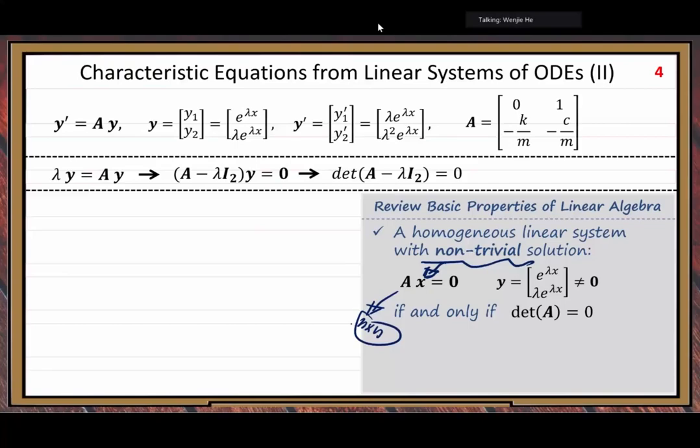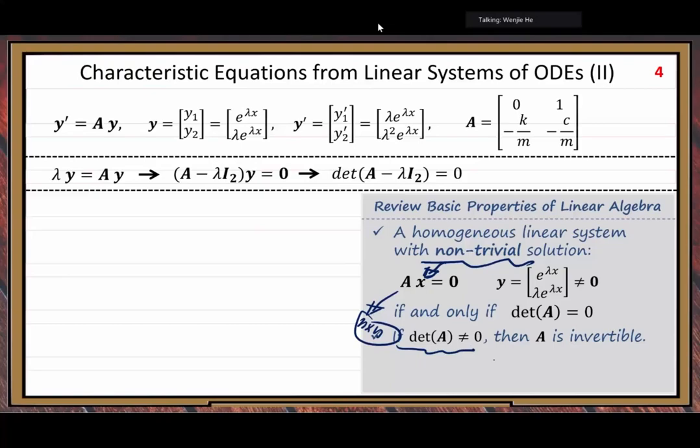So now our y vector, we know, is non-trivial, right? If we go back to our damped mass-spring system, our y is in this form, and the determinant is not equal to 0.